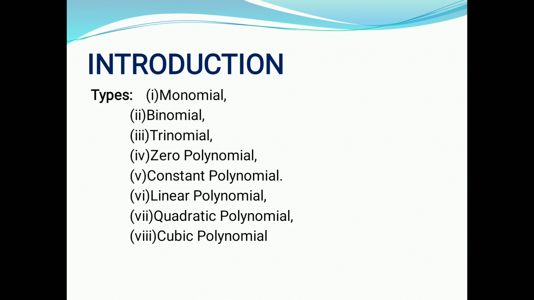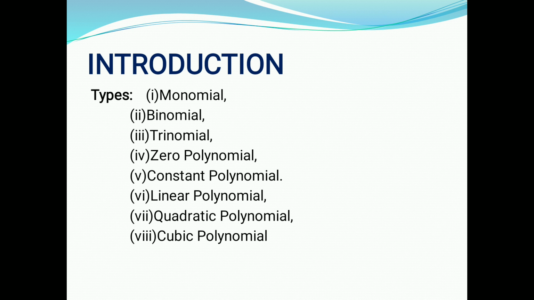For example, 2x minus 3. Here x has what power? 1. x has degree 1. So this type of polynomial is called a linear polynomial, a polynomial which has only degree 1 or power 1 on the variable.